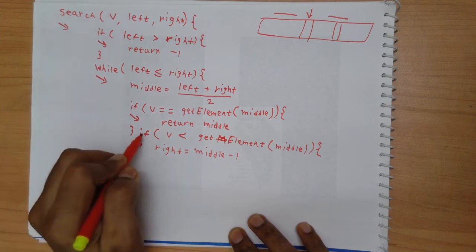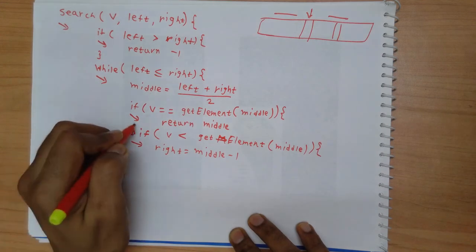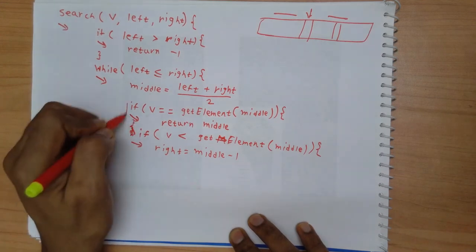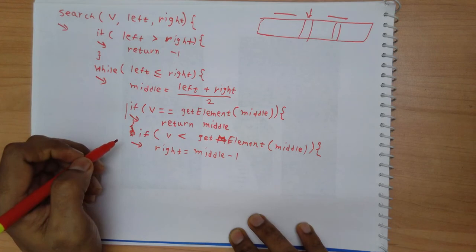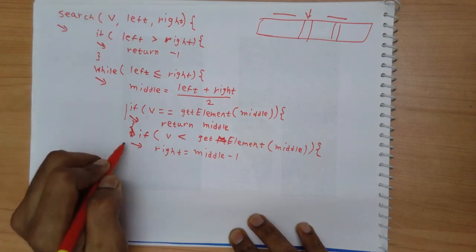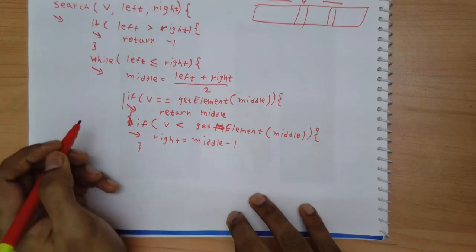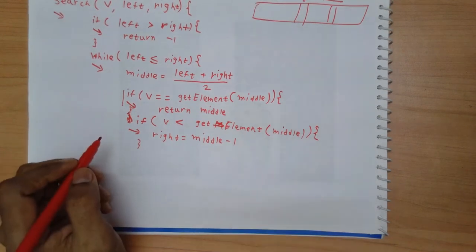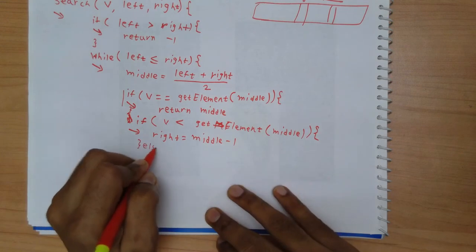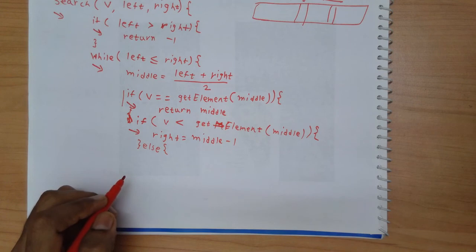So this is my if block. Let me write it in a better way. First, if we find the value, I return the middle. Now I have another if, and inside it I make right equal to middle -1. Otherwise, I know that the value I'm searching for is greater than the middle element.